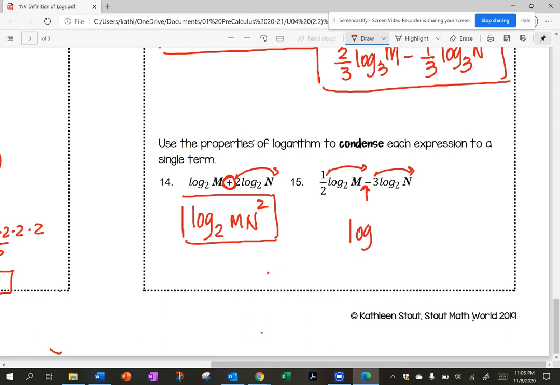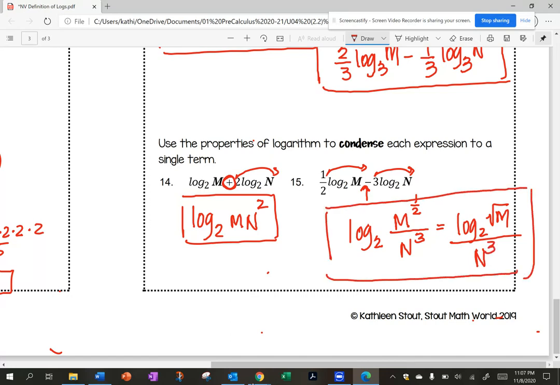So log base 2 of m to the 1/2 over n cubed. So usually we show the m to the 1/2 as the square root. So log base 2 of the square root of m over n cubed. I would accept either, but with the square root symbol is typically how we show that.